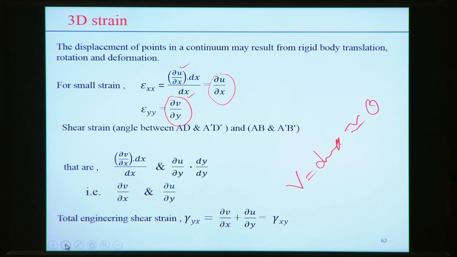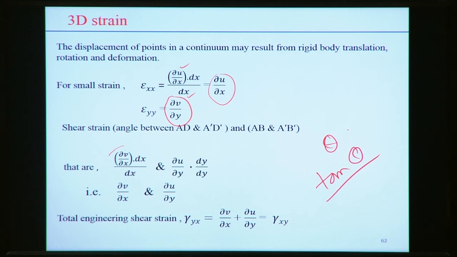actually represents the shear strain. So from here you can find out that basically we try to find out the angle. If the angle is theta, we try to find out the tan theta here, and that tan theta is by dx, and we can find out dou v by dou x, and another component is the dou v by dou y.